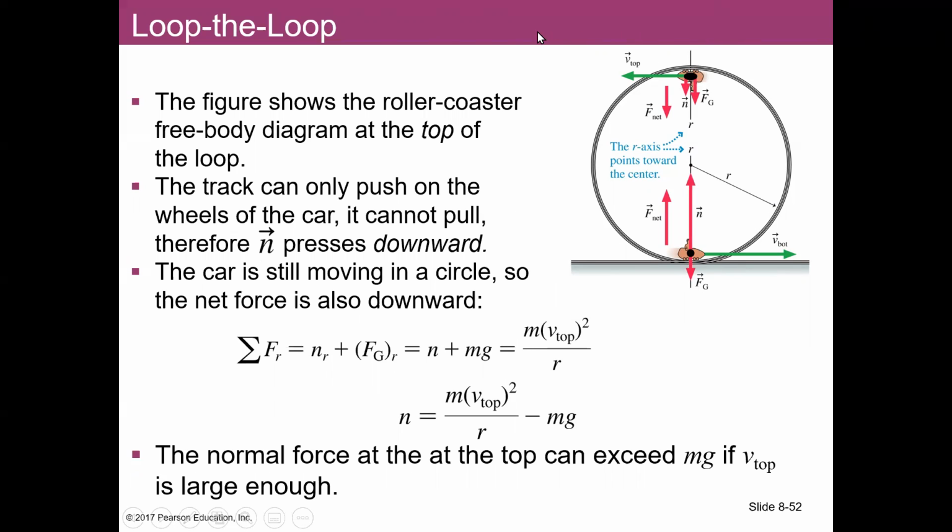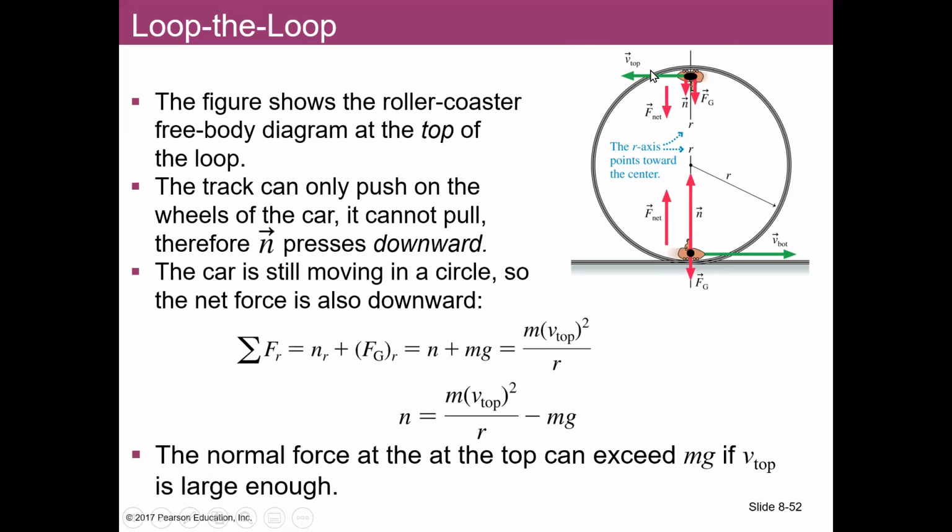So considering the top, now there is a new issue that comes up, because gravity's still pulling us downward, but since we're at the top of the inside of this circle, we're in contact with the surface at the inside of the top, so normal force actually points down. And if you use the correct coordinate system, in the RTZ coordinate system, we have R pointing down towards the center of the circle.